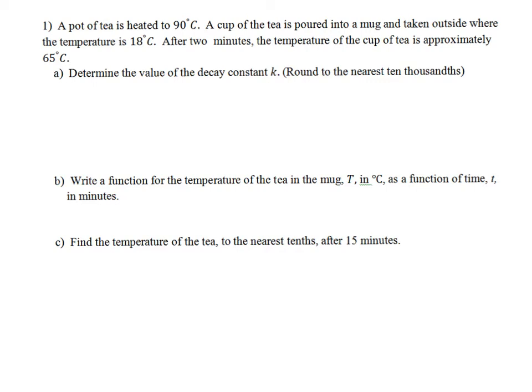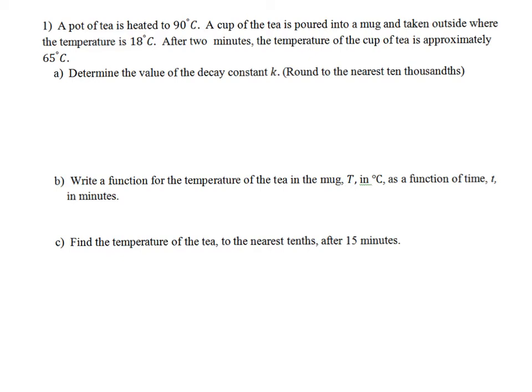After 2 minutes, the temperature of the cup of tea is approximately 65 degrees. So we can see that the tea has cooled off as we brought it outside where the temperature was cooler than the original temperature. Determine the value of the decay constant k, round to the nearest 10,000ths.